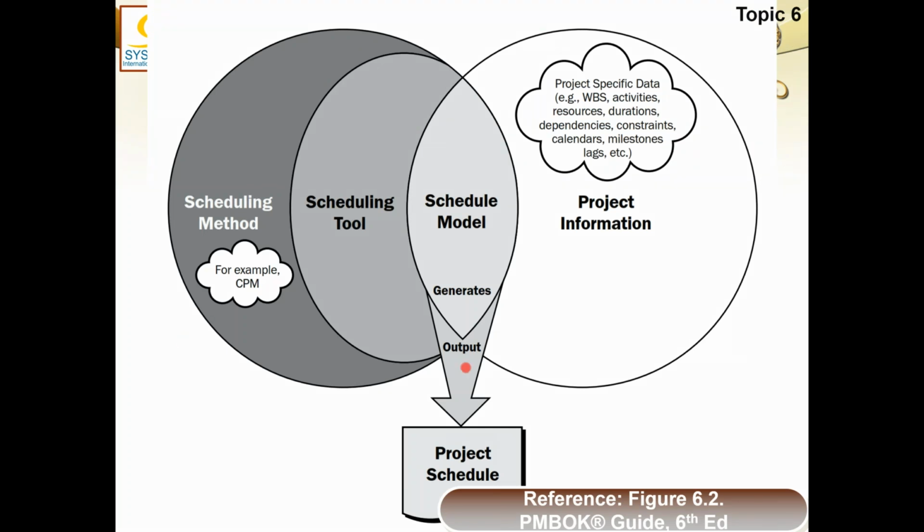Before we start the project planning on the schedule, we first select a scheduling method in our schedule management plan. This circle represents the schedule method. Whatever method you have selected, agile, critical path method, or critical chain method, there are several methods. Whichever method you have chosen for your project, according to its needs and requirements, that method determines what scheduling tools will be selected.